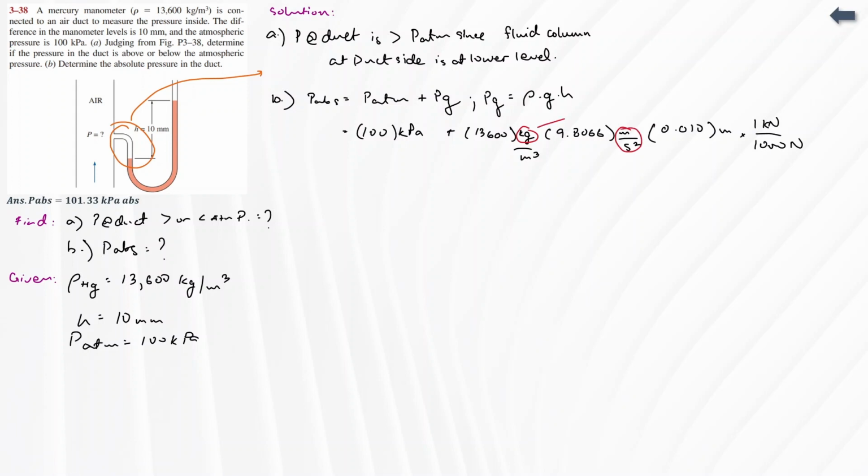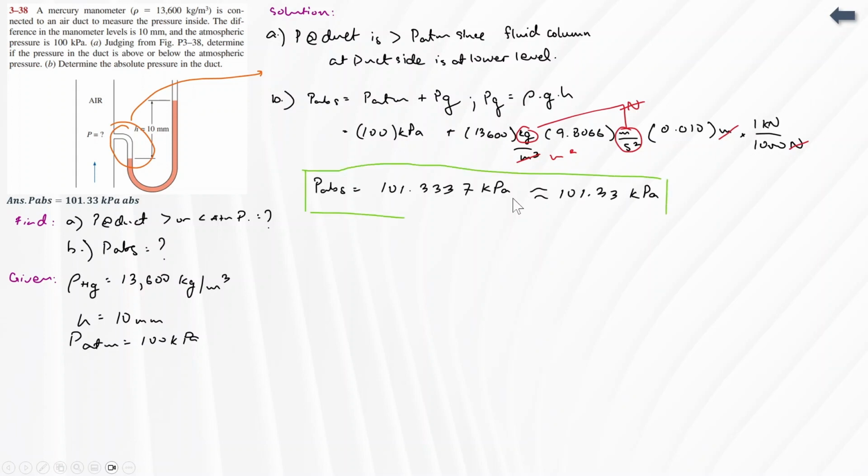So we just cancel the units, then divide by 1,000, so that 1 kilonewton per meter squared is the same units. We have 101.33 kilopascal, in this case absolute. So you can write it as kPa abs or just P abs equals 101.33 kPa. That's perfectly understood by me.